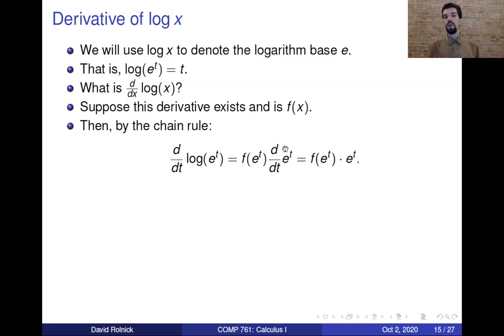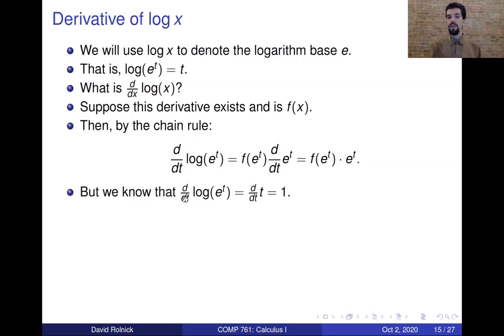So now what do we have here? Well, we have a formula for the derivative. But we know that what this derivative has to be is the derivative of t with respect to t, which is just 1. So 1 equals f of e to the t times e to the t.